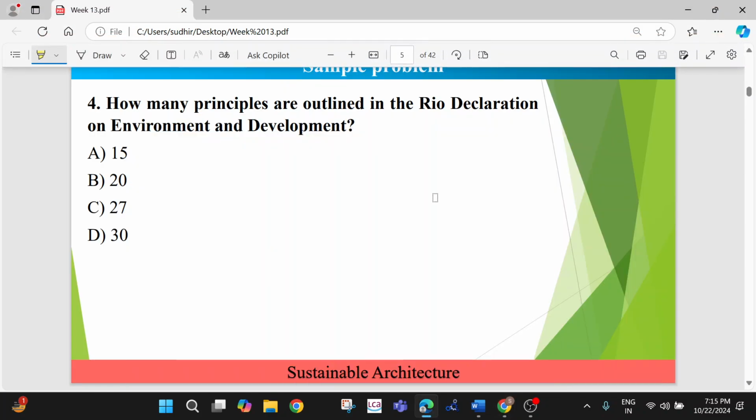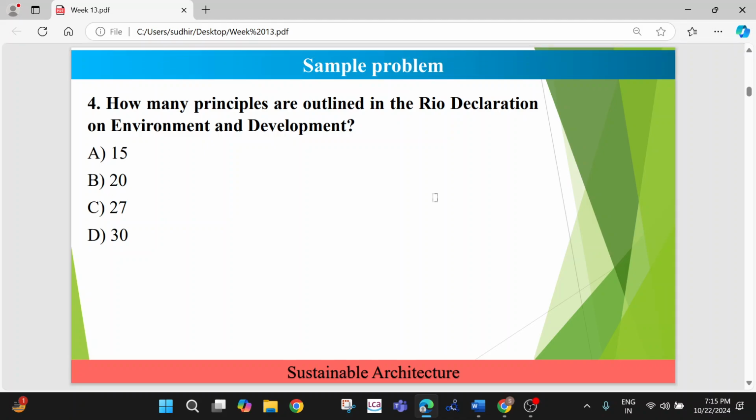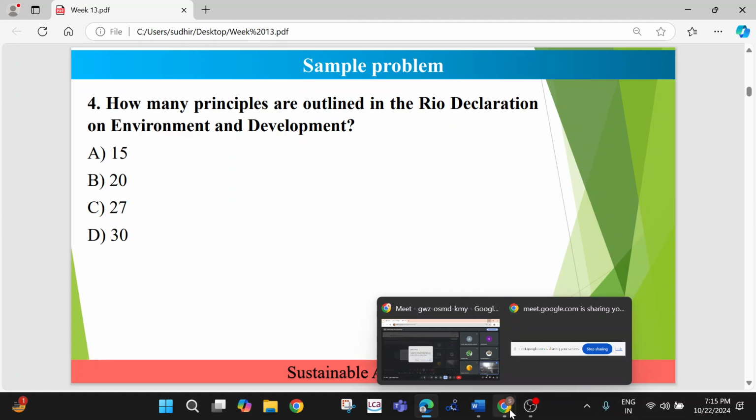Let me show the question again. What will be the correct answer for this question number 4?